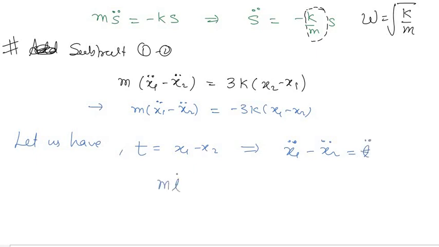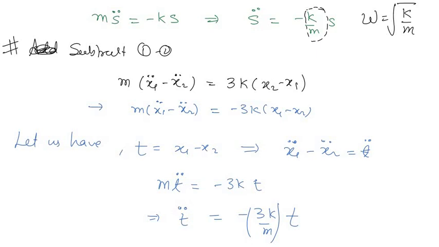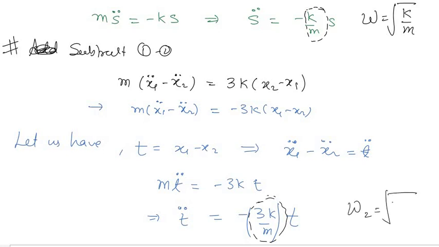So m t double dot is equal to minus 3k t, which implies that t double dot is equal to minus 3k by m times t. So this 3k by m is your other frequency of oscillation. So here omega 2 is equal to under root 3k by m. So this omega 1 was under root k by m, and this is under root 3k by m.